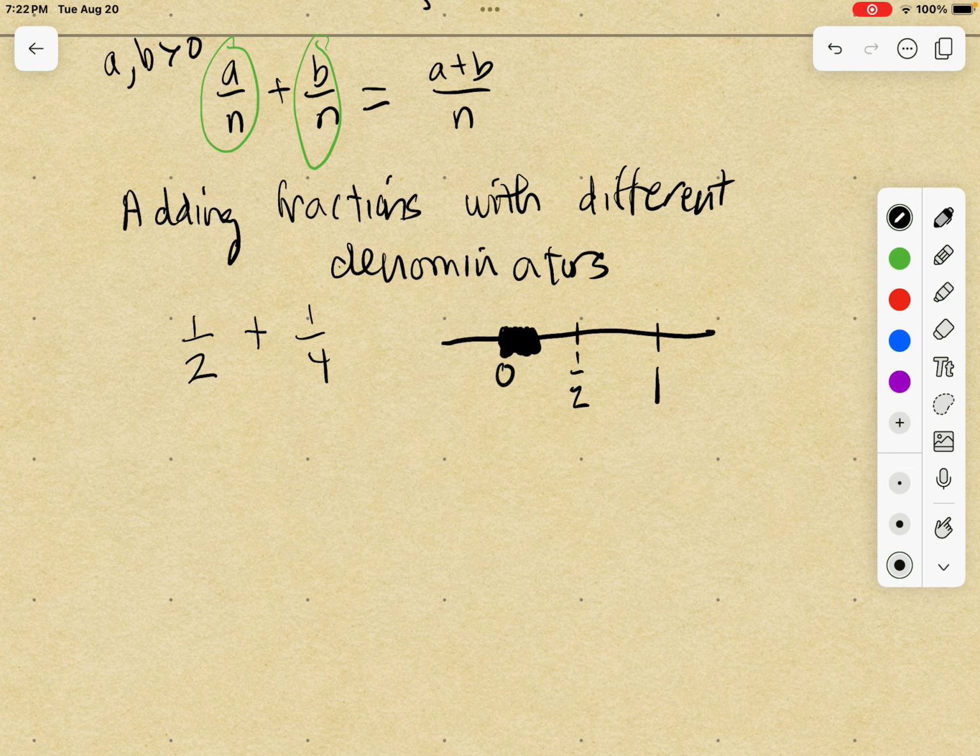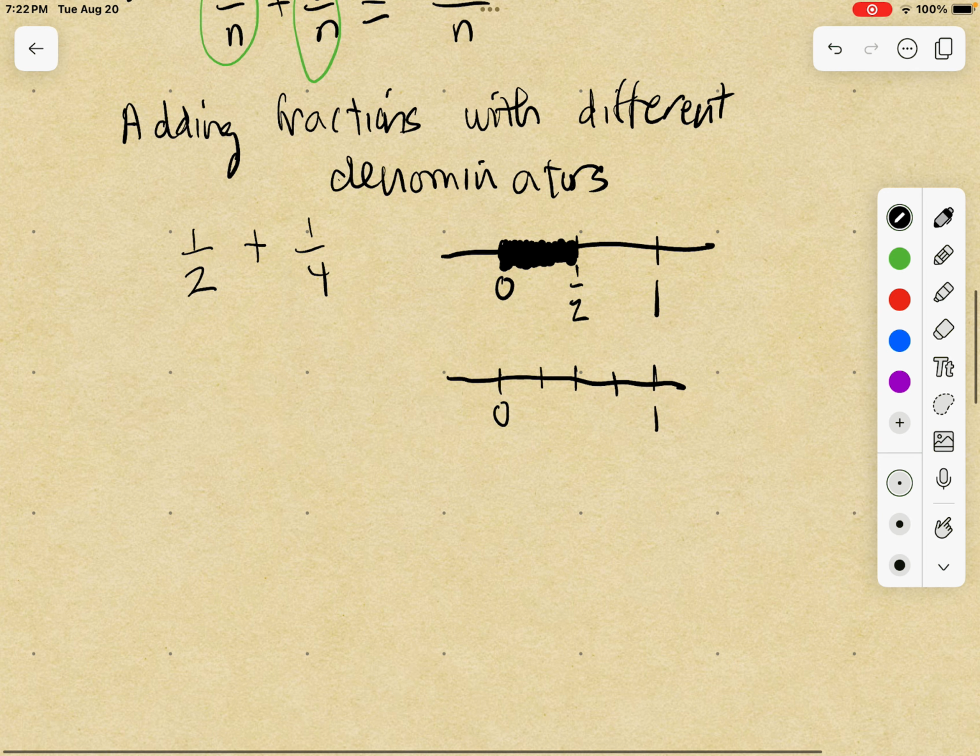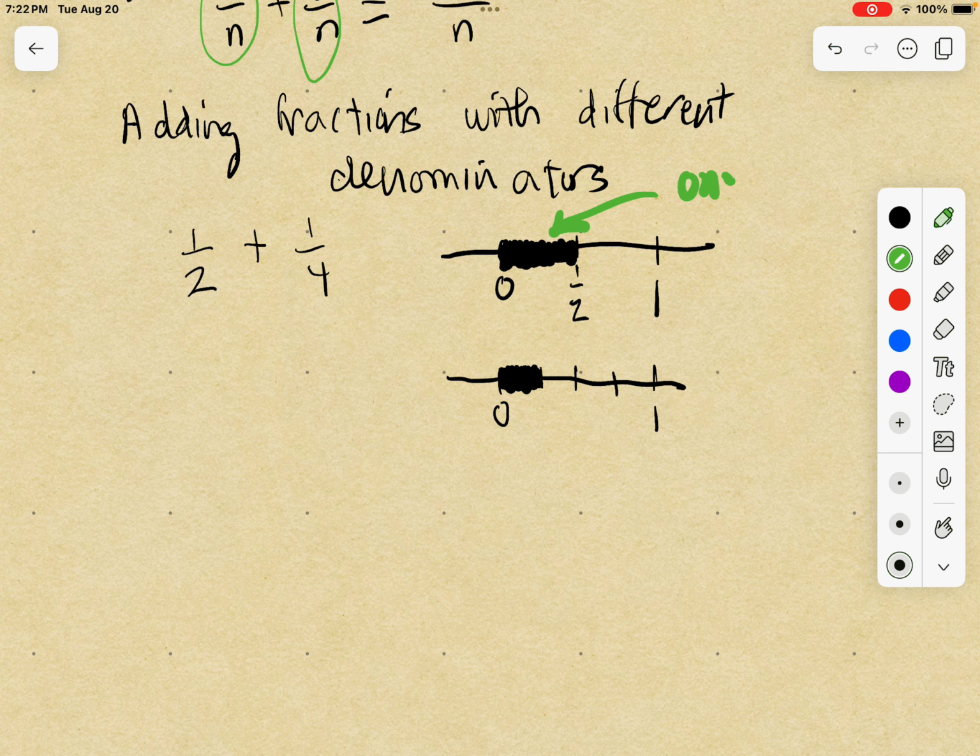So this length is 1/2. But 1/4 is what I get when I take 0 to 1 and split it into 4 pieces of equal length, like this. So this is 1/2, and this is 1/4.